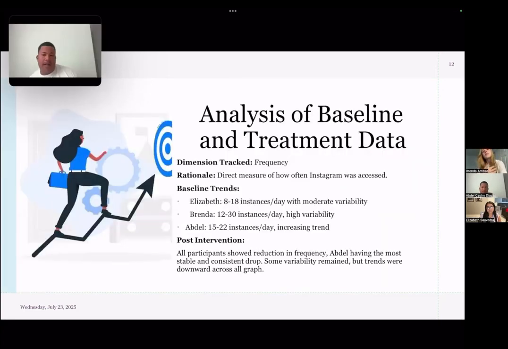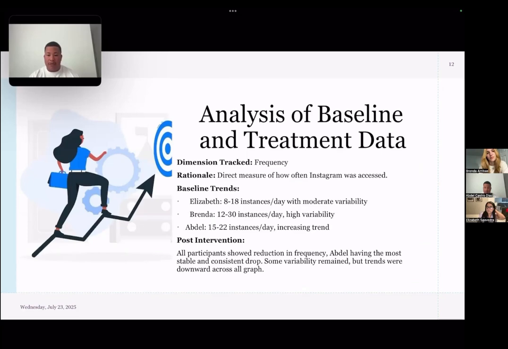So for the data, we have a baseline that was tracked on frequency, and we were measuring how often we were getting into Instagram, like how often we were getting into the app. The baseline trends show that Elizabeth got into the app from 8 to 18 times during the day.